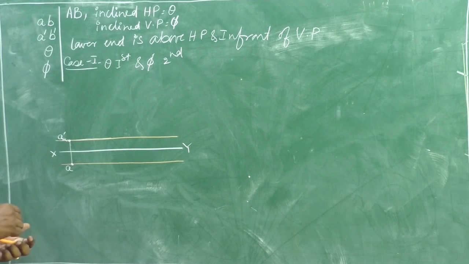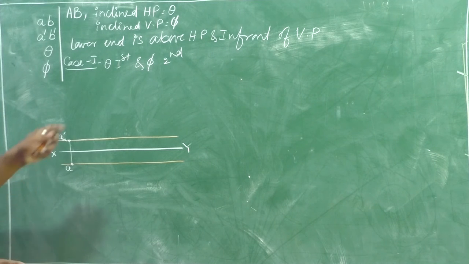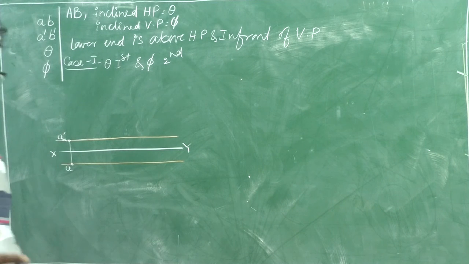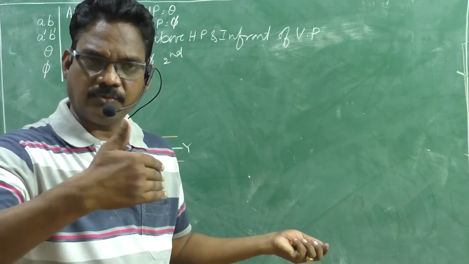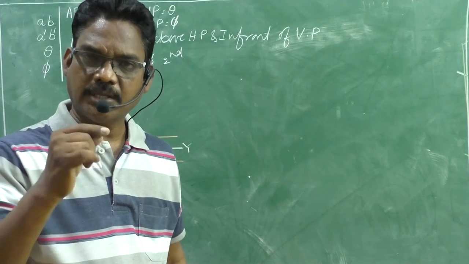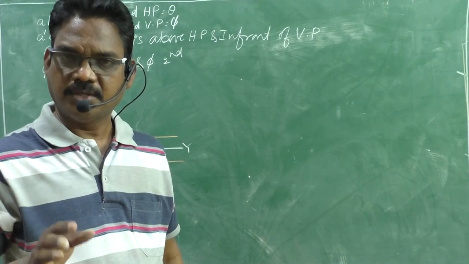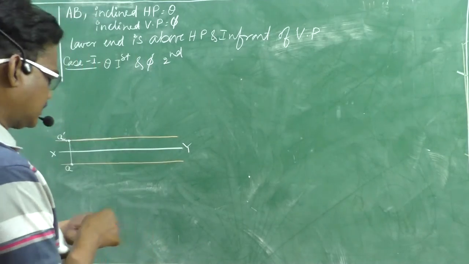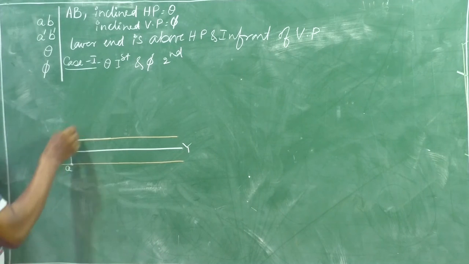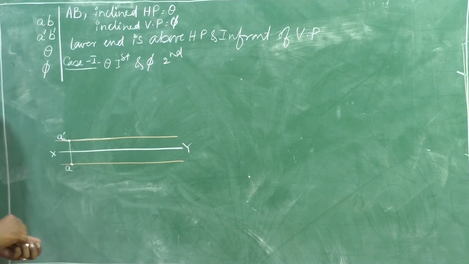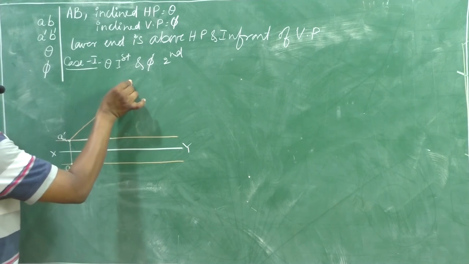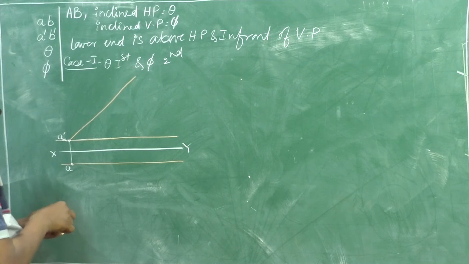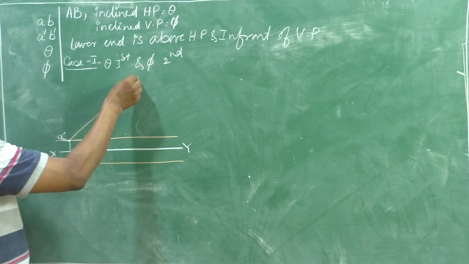Now the line is inclined to HP at theta. When the line is inclined to HP at theta and parallel to VP, in the front view the true length of the line and the true inclination of the line with HP are visible. Therefore, draw the front view by considering theta inclination and the true length AB.